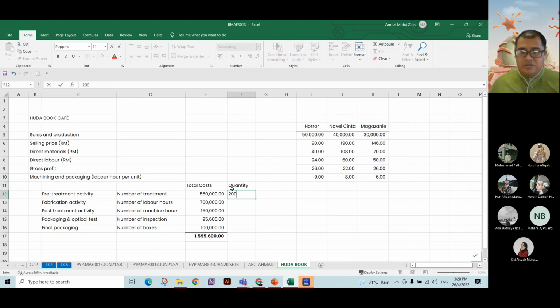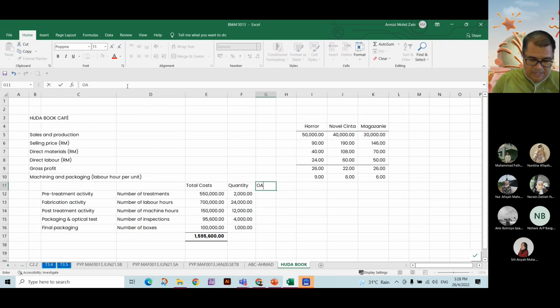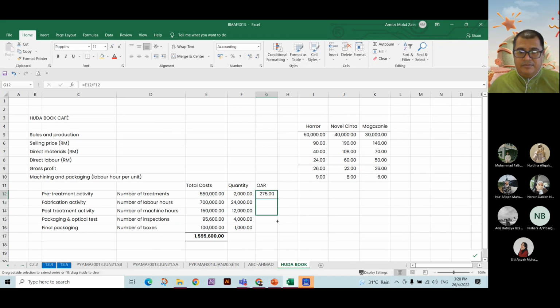Okay, kita let's say kita ada 200 treatments. Number of treatments. 200 treatment. So 24,000 labor hour. So 12,000 machine hour. Then 4,000 inspections. Number of inspections. Okay, and then this one kita ada 100 boxes. Okay, the quantity. So kita cari OAR dia. Whereas this one bahagi dengan this one. Kita dapat OAR dia.